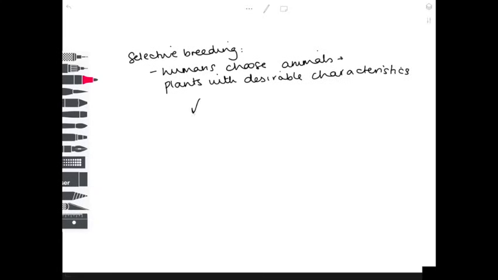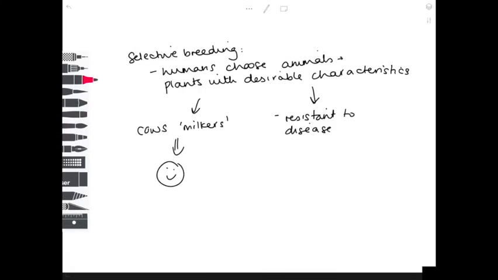So from an animal point of view, that could include picking cows which are good milkers, so produce lots of milk, and you keep crossbreeding good milking cows with bulls, and then eventually you end up with a whole population of cows which produce loads of milk, which is obviously great for the farmer. From a plant point of view, it could mean picking plants which are resistant to disease. Maybe they're hardier, so they don't get killed by frosts, which is a big problem in the colder countries.